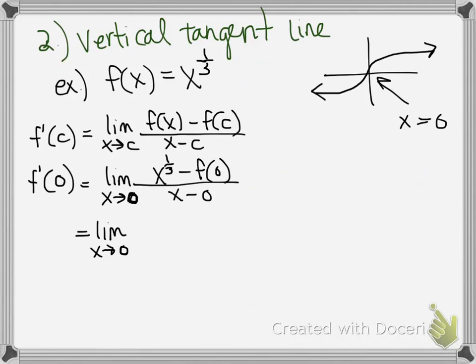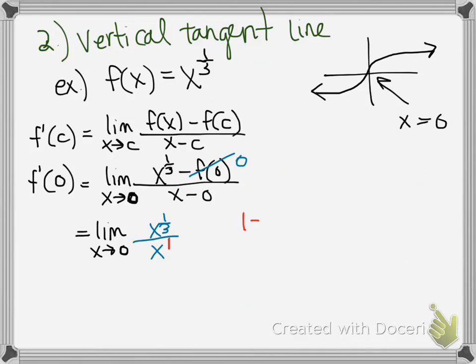And then I'll just get, well, let's see, f of 0 is going to be 0, because 0 to the 1/3 power is 0. So I'm just going to have x to the 1/3 over x. Okay, and in this situation, I cannot use direct substitution, so I need to simplify. And then I can tell that this has a power of 1, so what do I do with exponents that I am dividing?